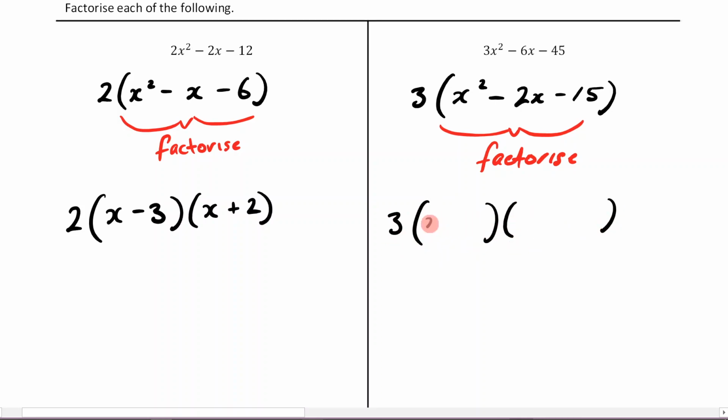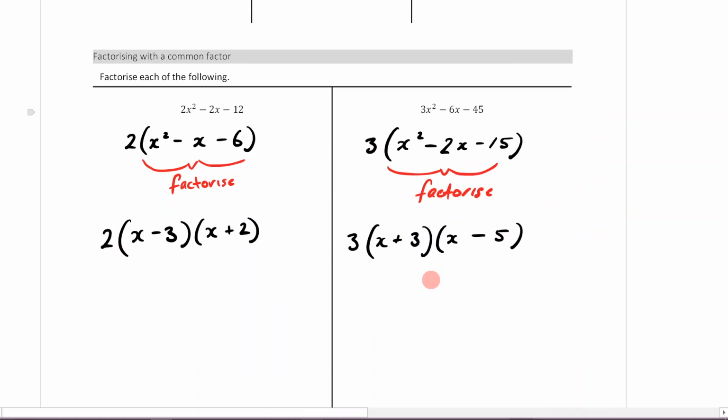Two numbers that multiply together to give me negative 15 and add together to give me negative 2. I know it's going to be 3 and 5, right? Because that just makes sense without the signs, and now I just need to figure out what the signs are going to be. If it's negative, I know that my bigger number is going to have to be negative. So negative 5 times 3 is negative 15. Negative 5 plus 3 is negative 2. And, whoopsie daisy, the world makes sense.